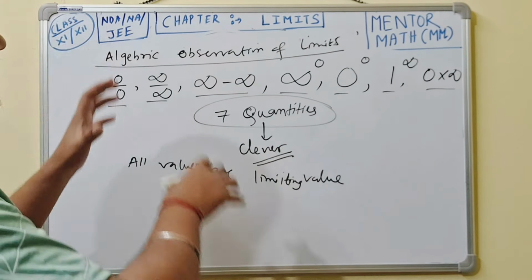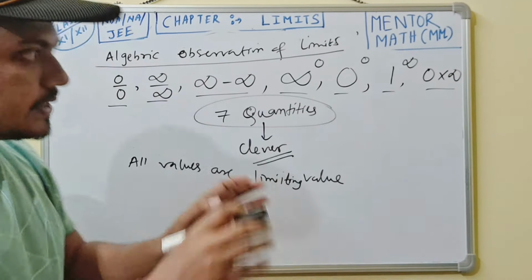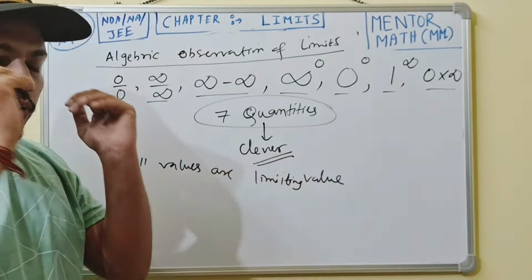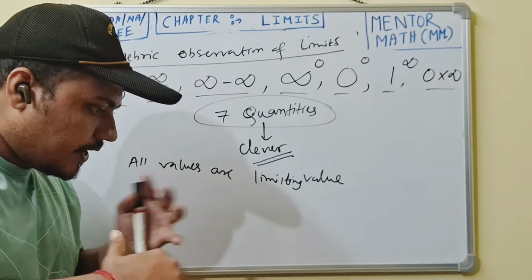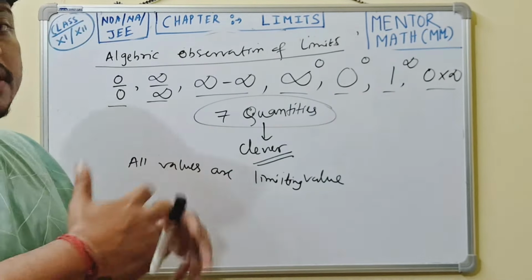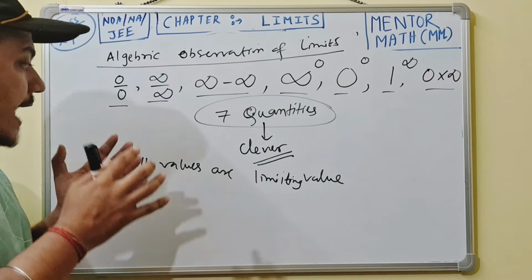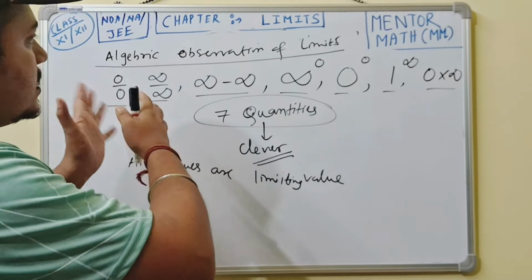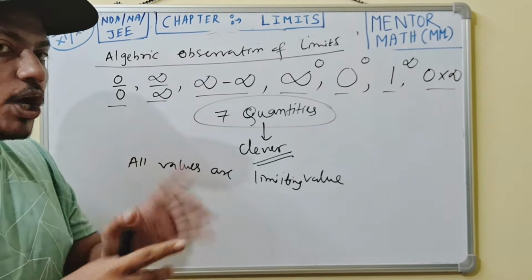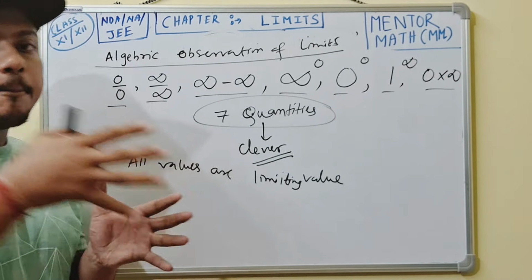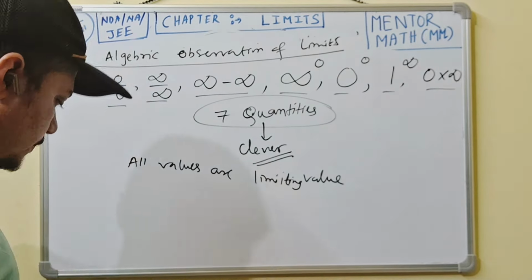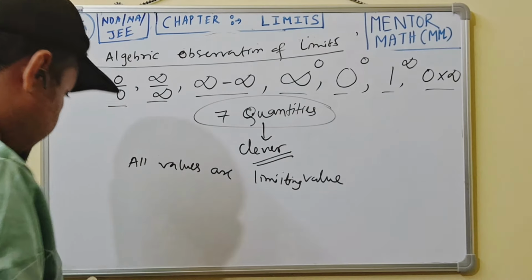Basically you have to remember these 7 quantities, and you have to remember that these 7 quantities are very clever. At different times they change their behavior. And these values, this 0, 1, are not exact values; they are limiting values, that is your approaching value.